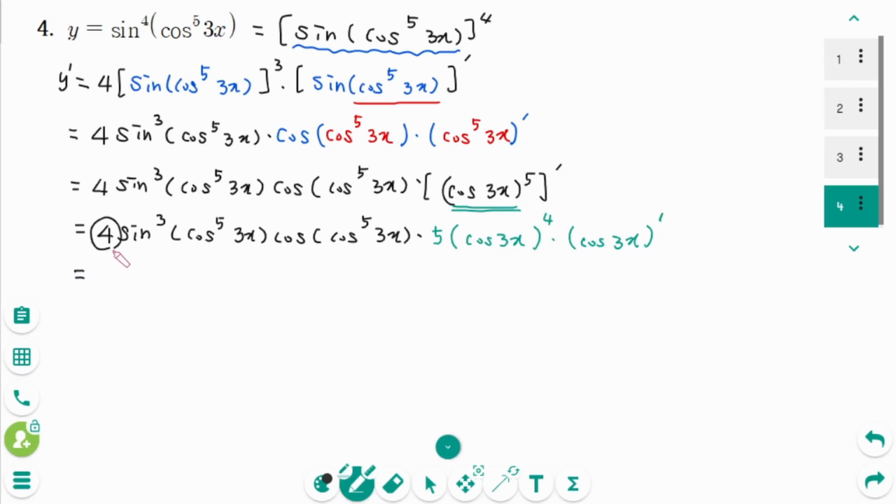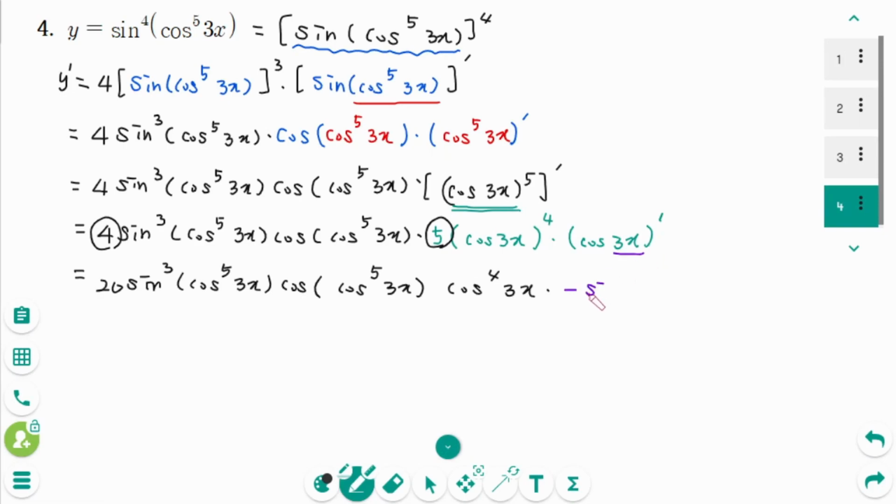equals 4 times 5 is 20 sine to the power of 3 of cosine to the power of 5 of 3x cosine of cosine to the power of 5 of 3x cosine to the power of 4 of 3x times, now 3x is u, then cosine u prime equals minus sine u times u prime.